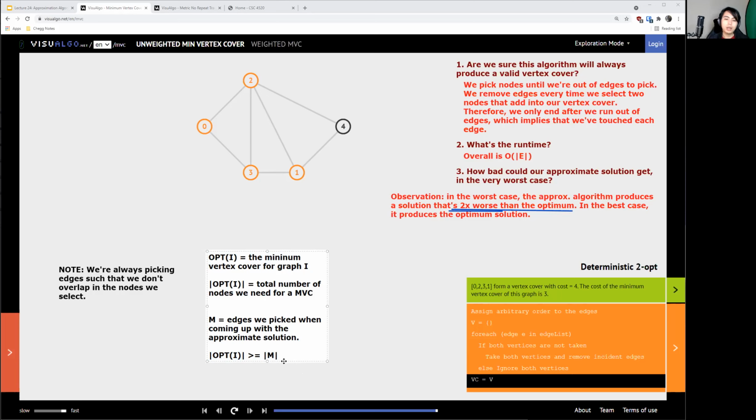All right. Well, okay. This is M, which is the edges that we picked. If we picked M edges, how many nodes did we actually pick in the vertex cover for our solution? I'll give you 15 seconds. If you feel like you're following along, you should be able to get this answer. How many nodes did we pick if we picked M edges for our approximate solution?